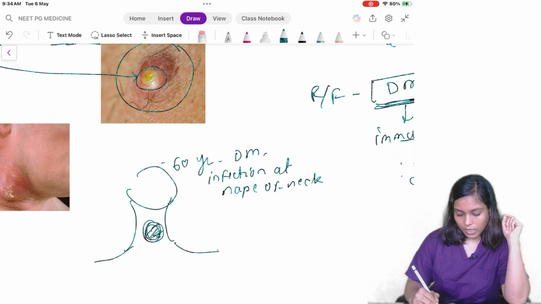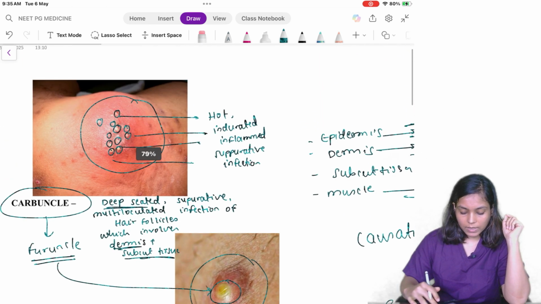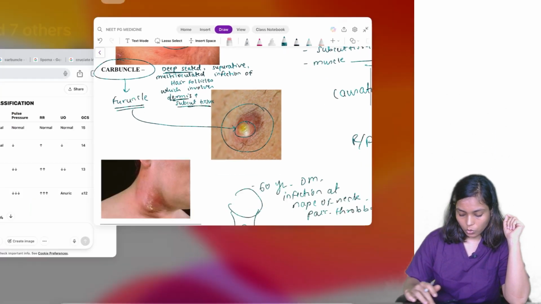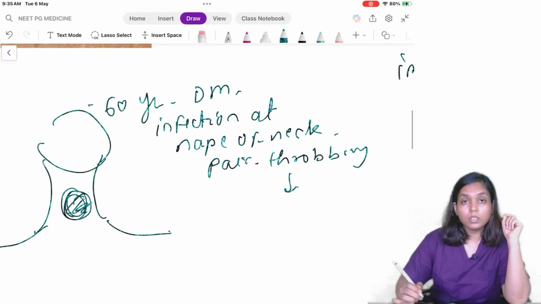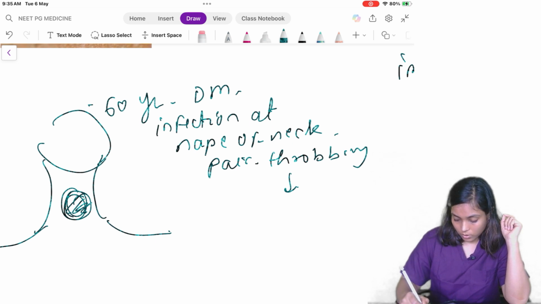This side is called the nape of the neck, and he is having severe throbbing pain. Then what is your diagnosis? They can provide you a classical image. Okay, so what is your diagnosis? It's carbuncle.